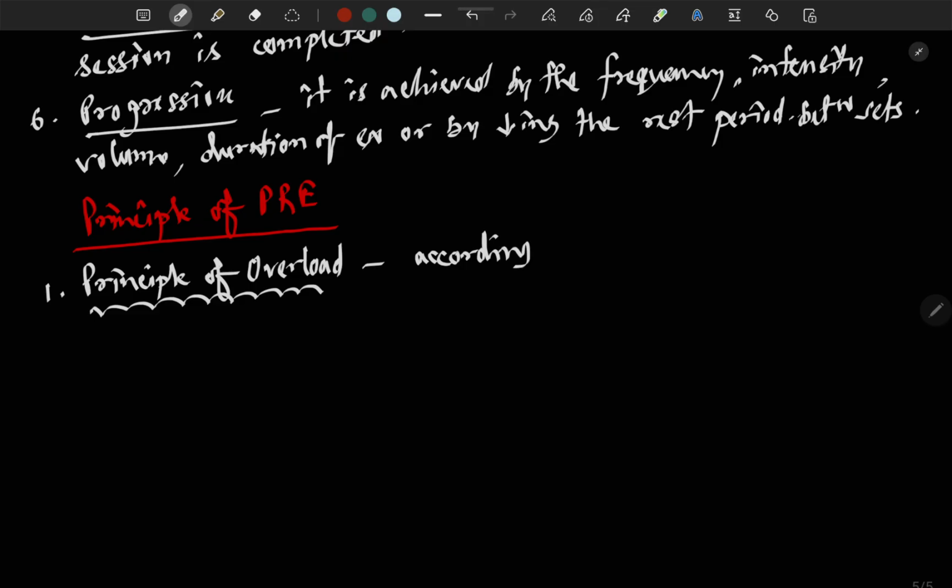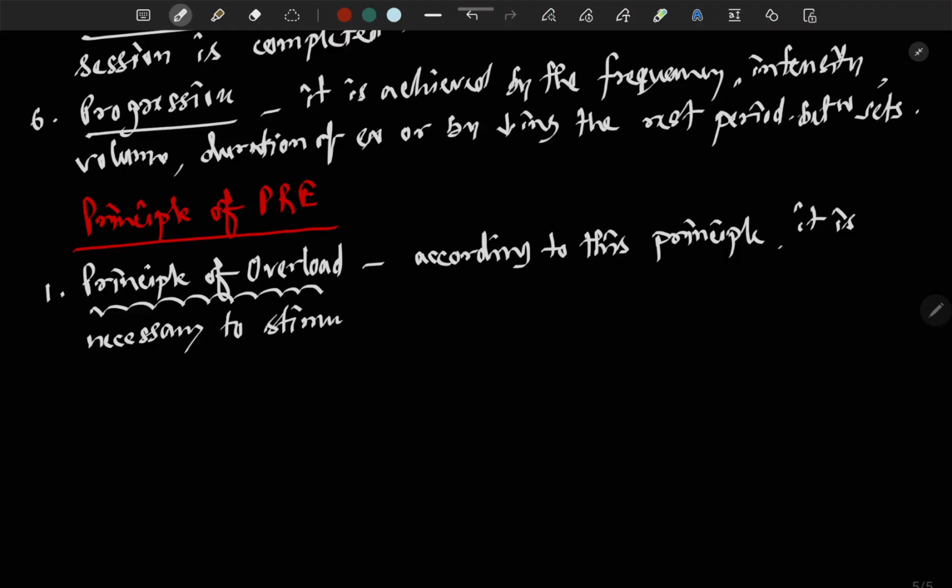According to this principle, it is necessary to stimulate the body with a stimulus, that is overload.